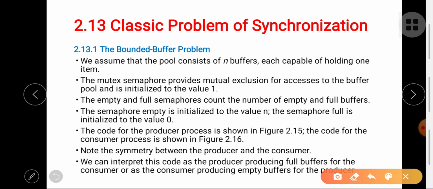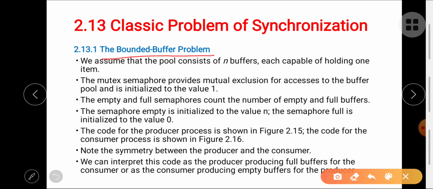This bounded buffer problem is similar to our day-to-day life event, that is withdrawing cash from the ATM. In this ATM, some cash will be there, and customers of a bank will visit that ATM and keep on withdrawing the cash.